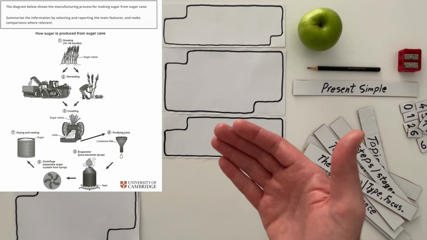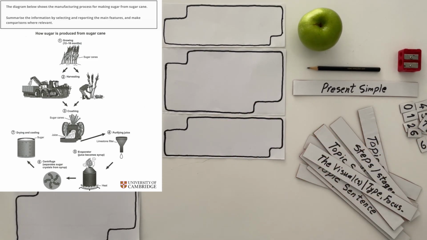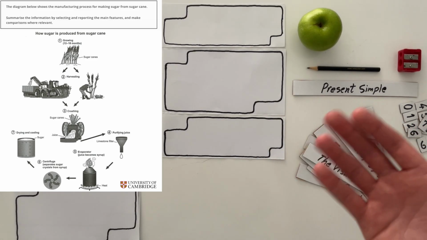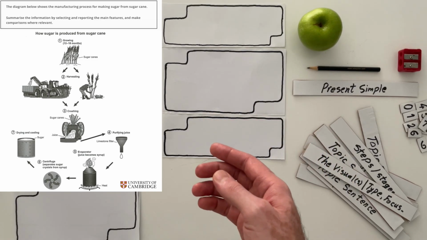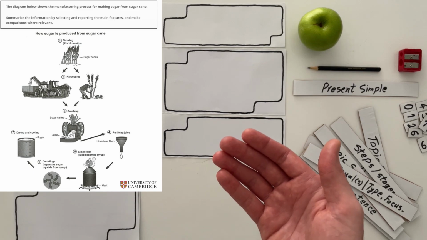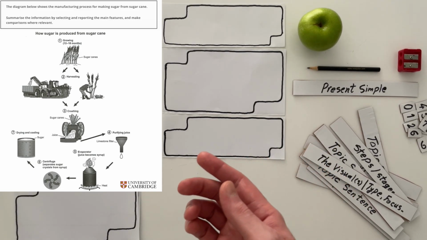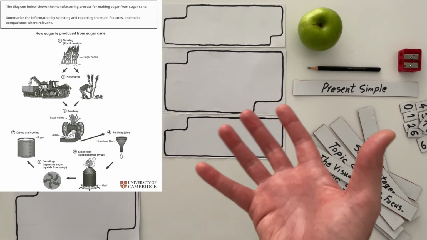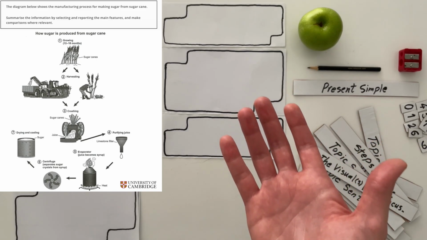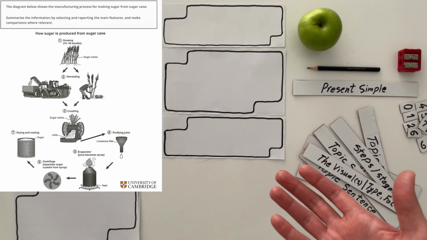So from that point on, you have one machine, and then you have another machine, which is a filter, and then you have another machine, which is a heater, or what does it say? Evaporator, sorry. And then you have a centrifuge, and finally you get to a large silo, something that lets sugar dry and get cooled down.